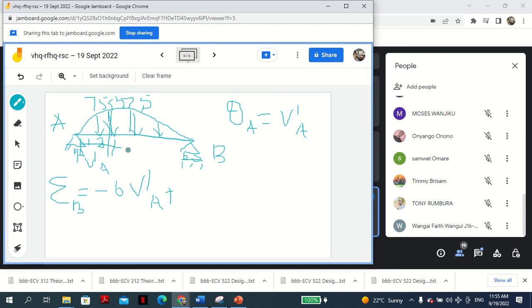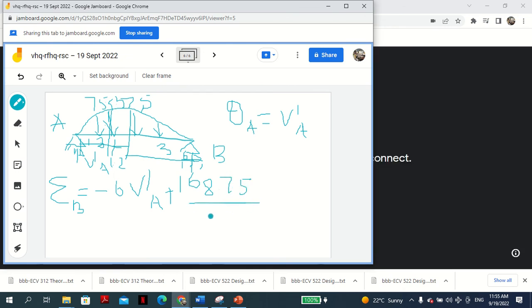That means to the point where it is 3 is 1.2 meters. That's why it was important to get the equation, and to this point is 3. And the area, if you do your integration well, is about 168.75 over EI.